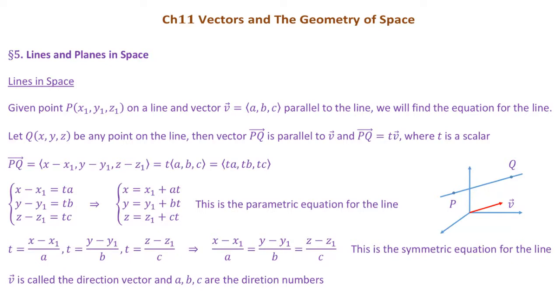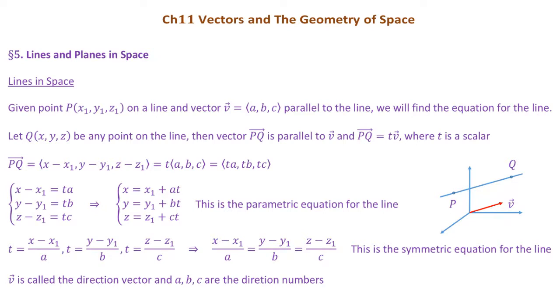But we can use the components to describe the vector PQ. You just subtract the coordinates' components, so we get x minus x1, y minus y1, z minus z1 for the components of PQ. Remember, terminal point minus initial point.